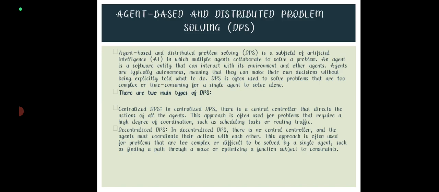An agent is a software entity that can interact with its environment and other agents. Agents are typically autonomous, meaning that they can make their own decisions without being explicitly told what to do.